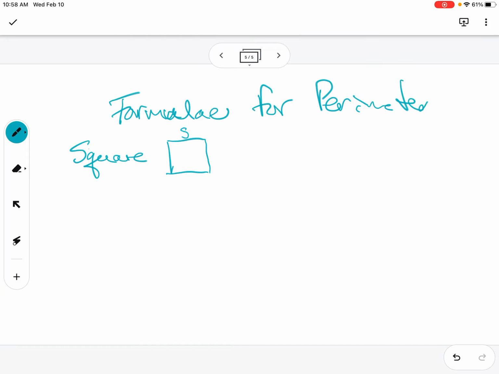So whatever the length of this side is, it will be the same as this, and this, and this. So the formula for the perimeter of a square would be S plus S plus S plus S, because there are 4 sides that are all the same. I could simplify that and say it's 4 times the length of one side.